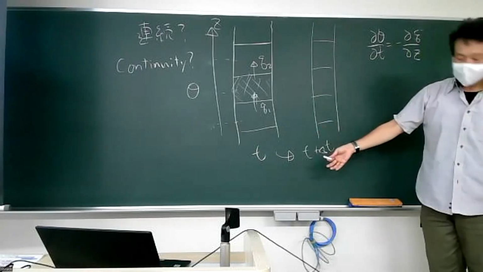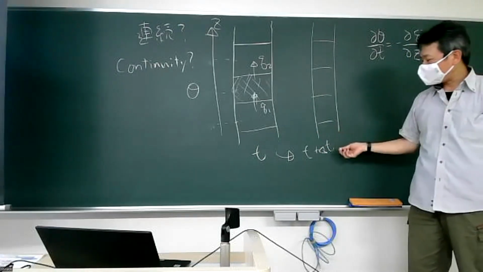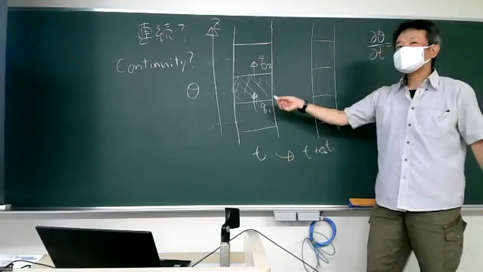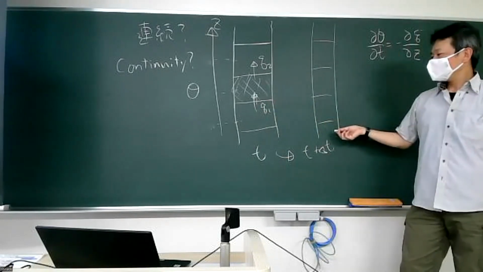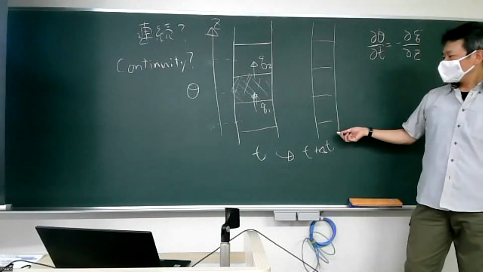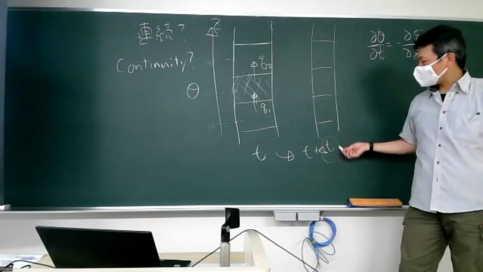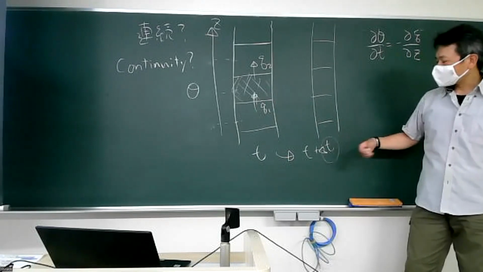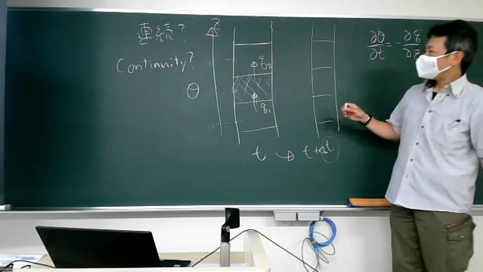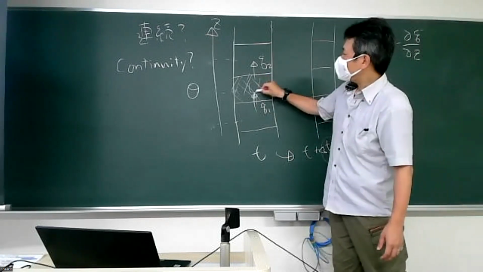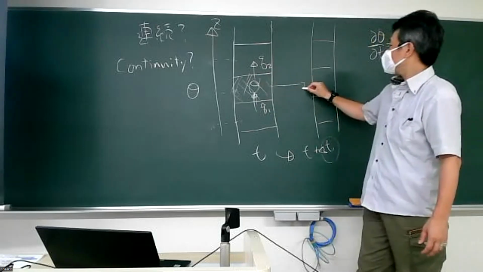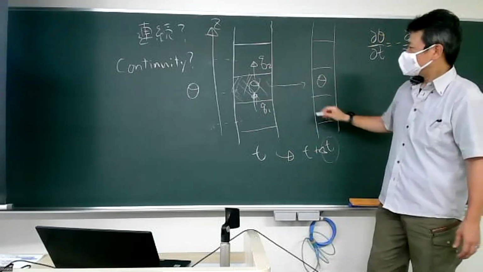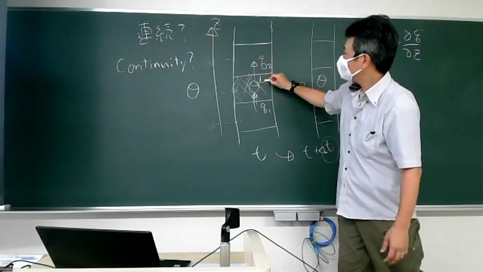It's one time step forward, where t is the present time, and this is the future situation, the future after one time step delta t, and then theta will be changed to this one, so we can write.